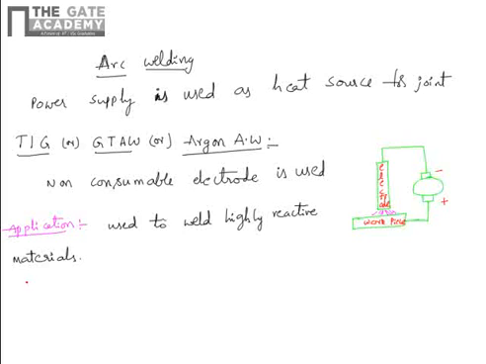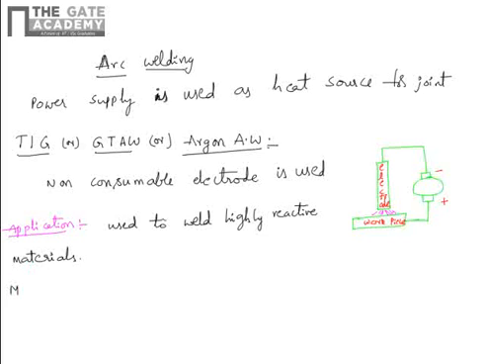In TIG, a filler rod is also used, because the electrode is non-consumable, so there has to be some external supply of molten metal. So the filler rod is used to fill the gap between the two metal pieces.